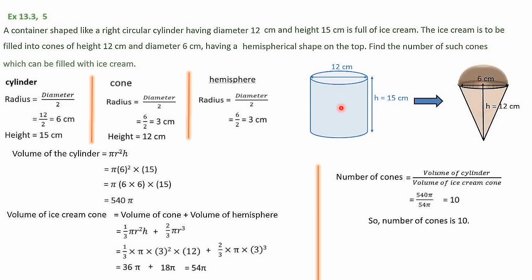So volume of the cylinder we have calculated, that is 540 pi, divided by 54 pi, the volume of an ice cream cone. Here pi and pi can be cancelled, and 54 and 540 we can cancel and write it as 10 times. So number of cones is equal to 10. That is the answer.